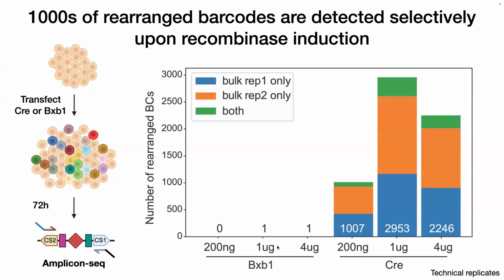And what was really encouraging was that in 3 different concentrations of Cre that we were transfecting into these cells, we were able to see thousands of new barcode combinations, each reflecting a rearrangement that was induced in that population, whereas we saw very few of these new barcode combinations in the negative control condition, which told us that we had really great signal to noise, and we were able to both induce and map thousands of rearrangements in one population in one experiment.